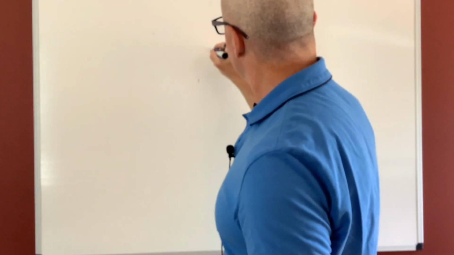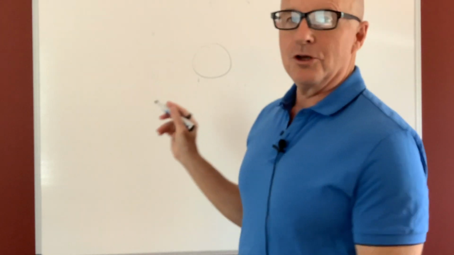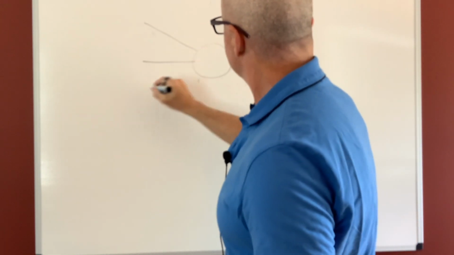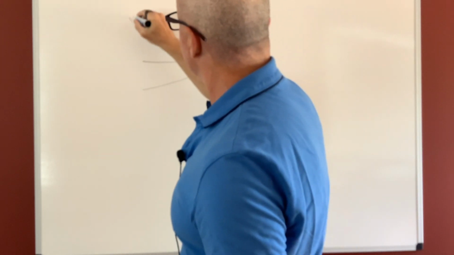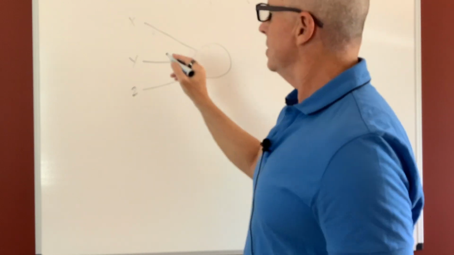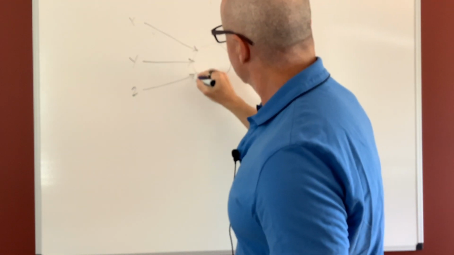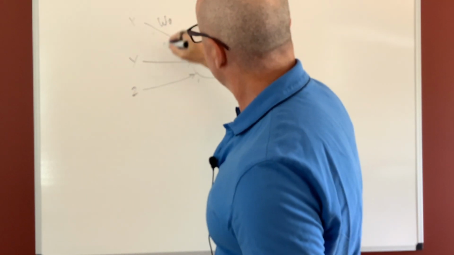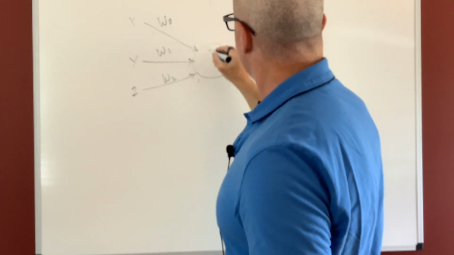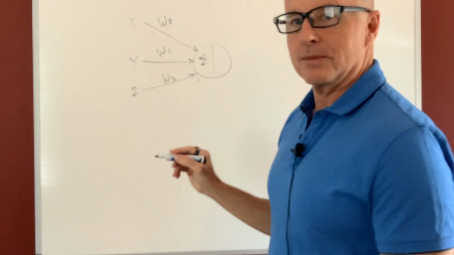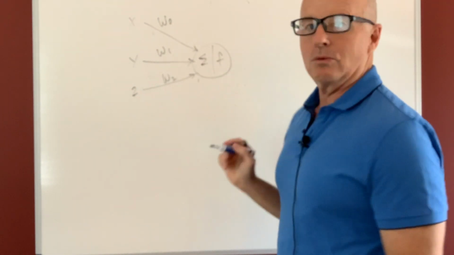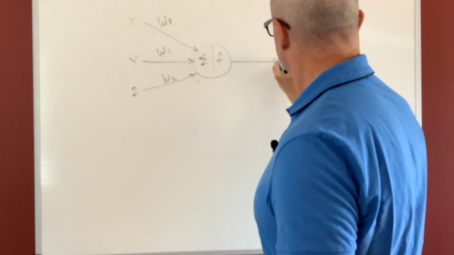So a perceptron is basically a node, and it has a bunch of inputs. Let's call them X, Y, and Z. Each one of these inputs is weighted, so each one has a weight, and then those are summed, and then there's a function that determines what the output is going to be.